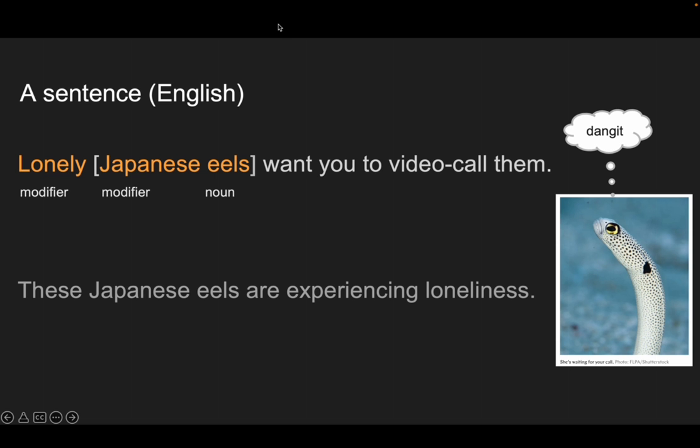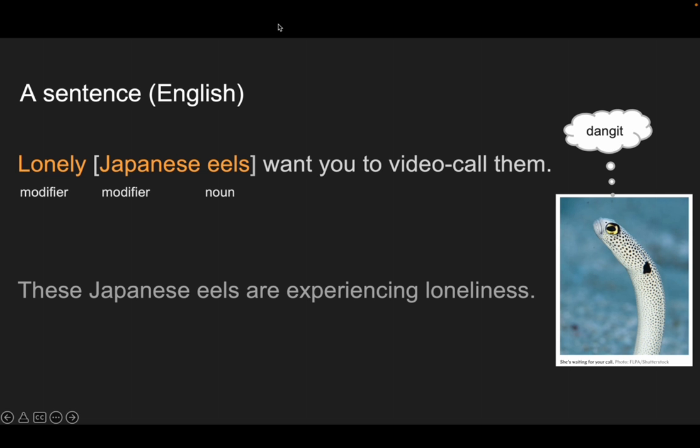So they're eels, they are Japanese, and the Japanese eels are lonely. Do you see how this is building up piece by piece by combining things? It's not just that we've got one word in front of the other. It's that we're actually figuring out which words work together to create meanings in the sentence.